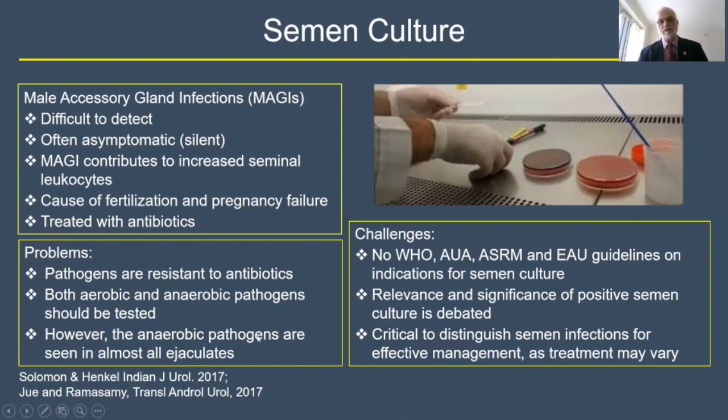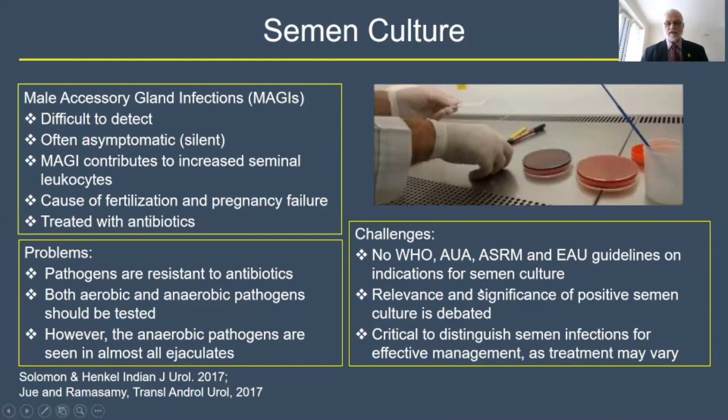In addition, there are other challenges that need to be observed. There is no agreement and no guidelines from the WHO, the AUA, ASRM, or the European Association of Urology to give guidance when a semen culture should be done.